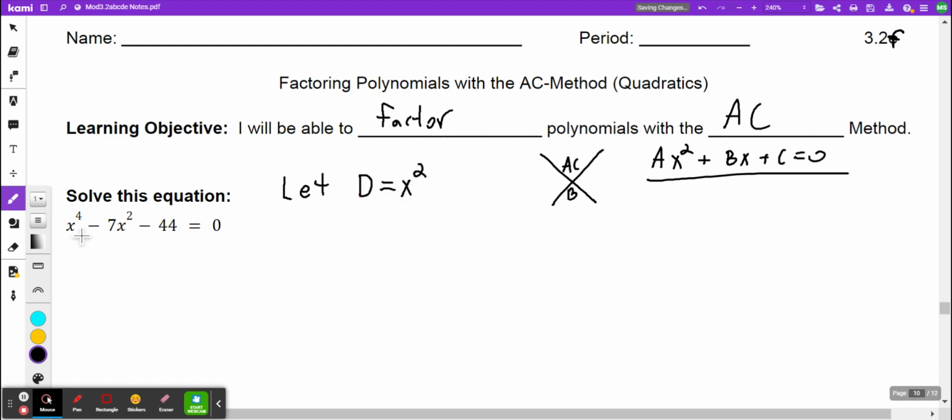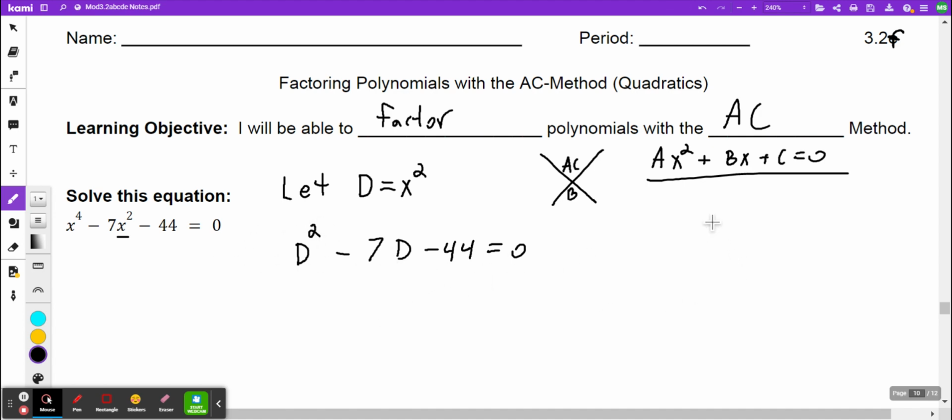So then x to the fourth would be d squared minus 7d minus 44 is equal to 0. Now if I plug this back in, d is x squared, and x squared times x squared is x to the fourth.